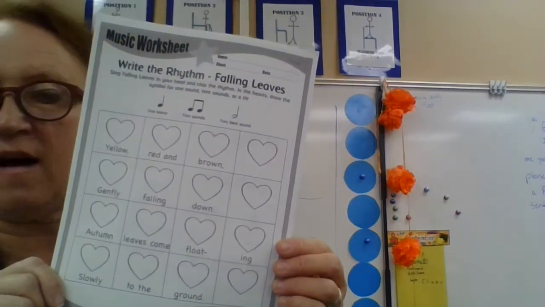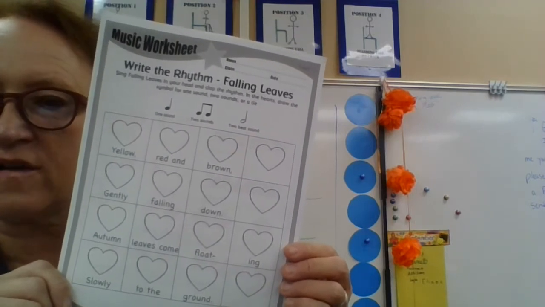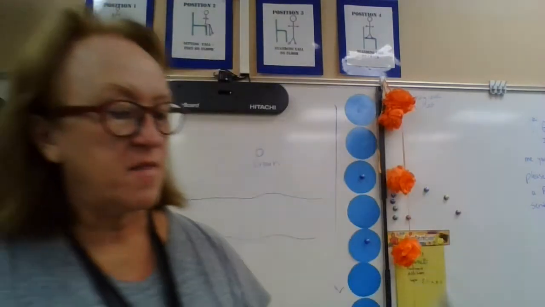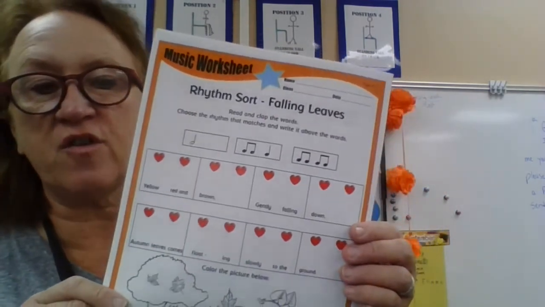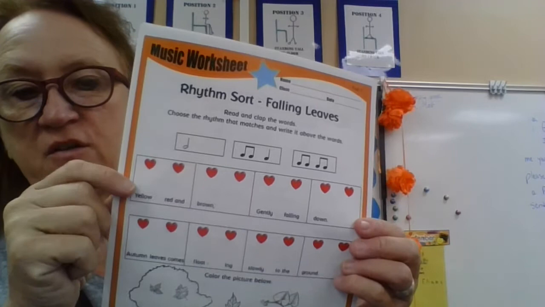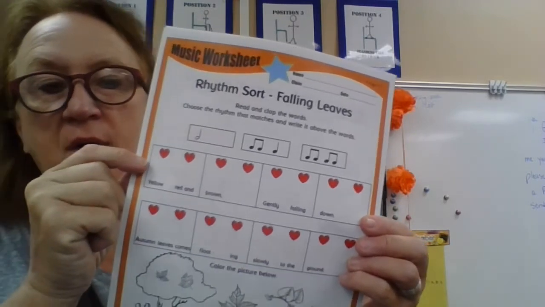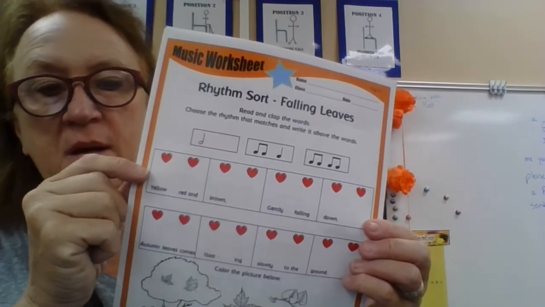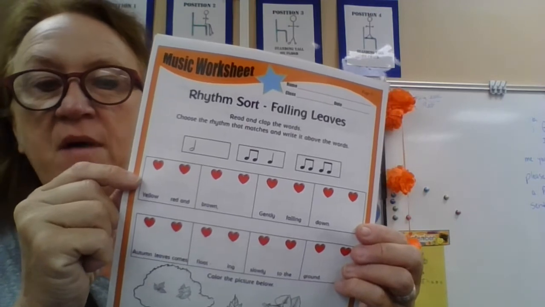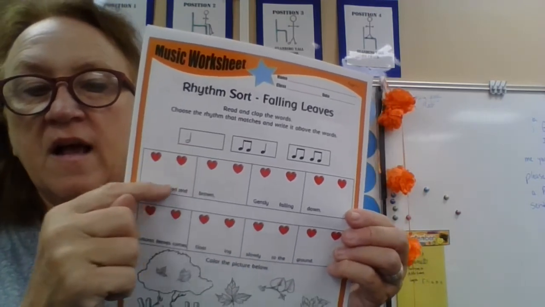So you're going to draw what the song looks like on a piece of paper. The next one is a tricky one because they have the very same thing, except you're going to fill in the rhythms, your choice. Again, here is, my fingers backwards, under that heart, yellow. Remember, this is the whole measure right here.